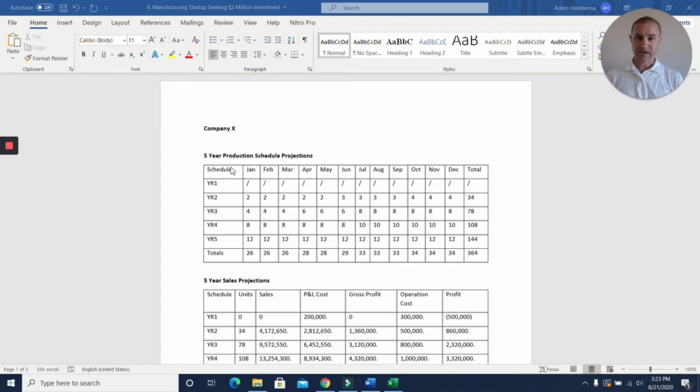Another thing that I want to point out here in this first table, you have a 5-year production schedule. And so just from the very core of the way I think about projections, what they're doing here is they're assuming that production of vehicles, in this case it's vehicles, is what is going to drive sales.